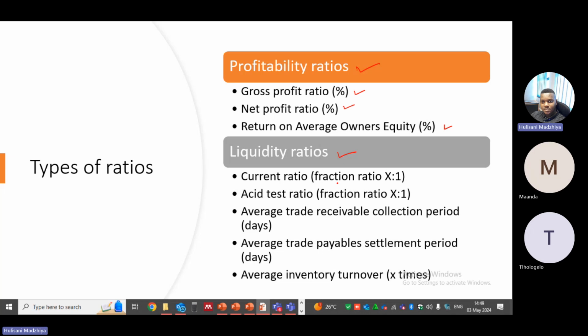The current ratio is measured as a fraction, and the acid test as a fraction. The average trade receivable collection period is measured in days, and the average trade payable collection period is measured in days. The average inventory turnover ratio is measured in times, and then we also have the inventory holding period, which is measured in days as well. This time around we're focusing on the one measured in times, which is the inventory turnover.